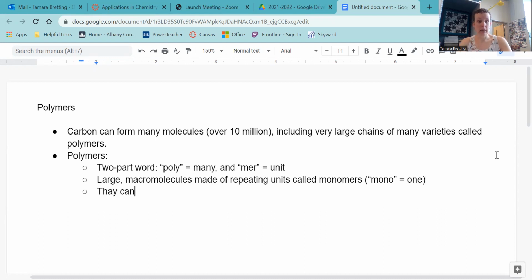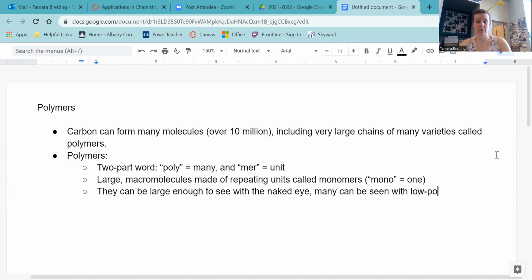They can be large enough to see with the naked eye, and many of them can be seen with low-powered microscopes.